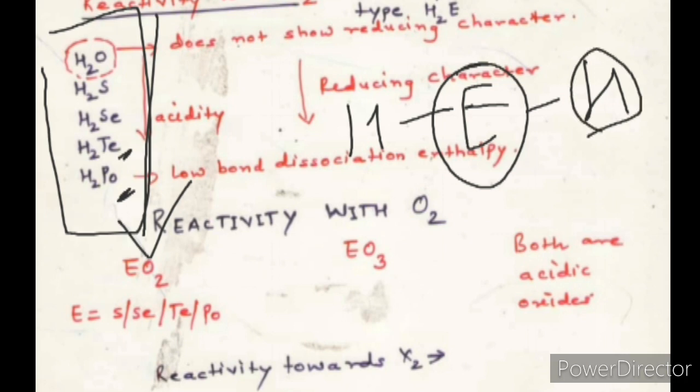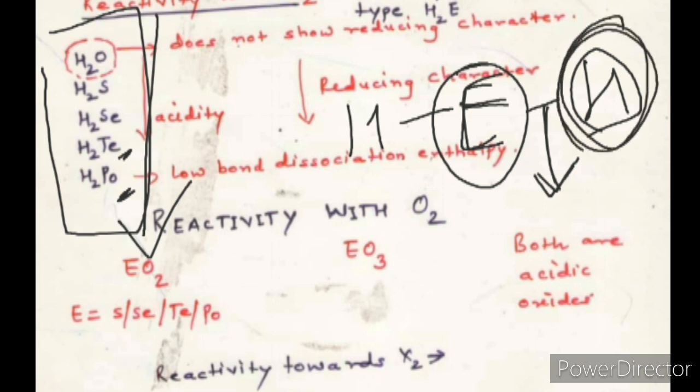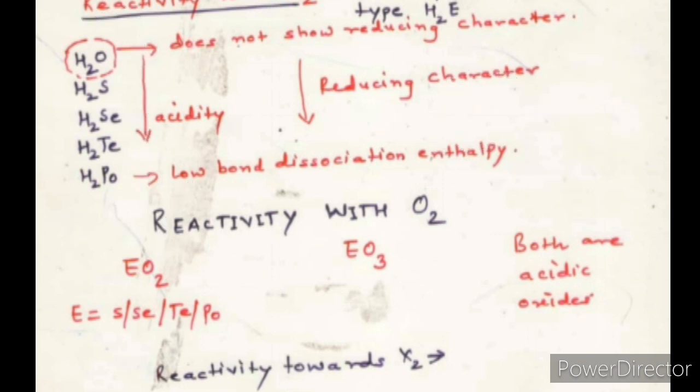Hence, as you start going down, the bond length will go on increasing and the bond strength will go on decreasing, and the tendency to release the hydrogen atom as well as hydrogen ions will go on increasing. So, this is written like this: low bond dissociation enthalpy. Due to this factor of low bond dissociation enthalpy, the acidity will go on increasing down the group and the reducing character will also go on increasing down the group.